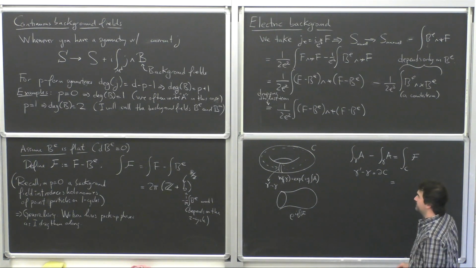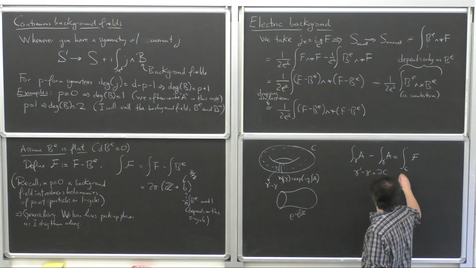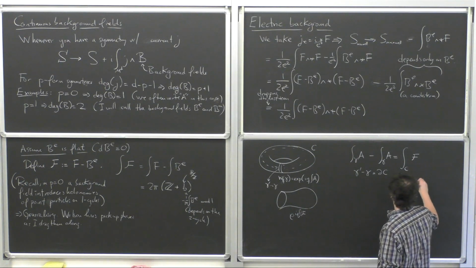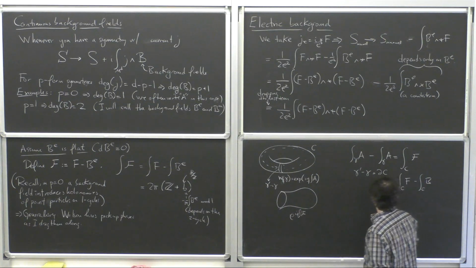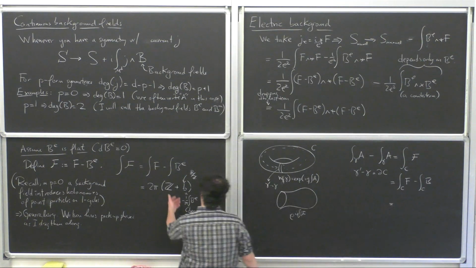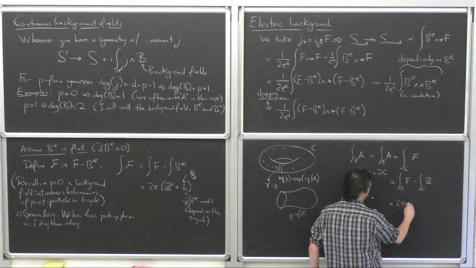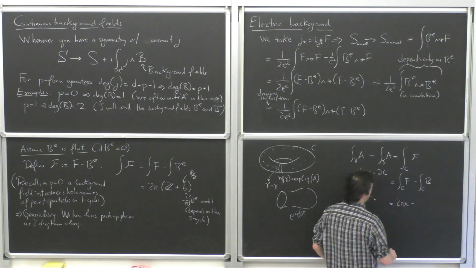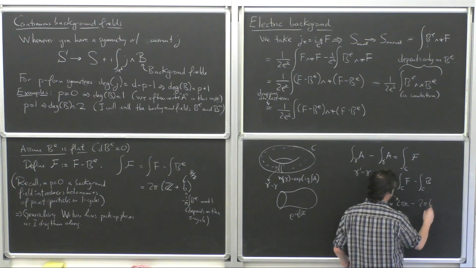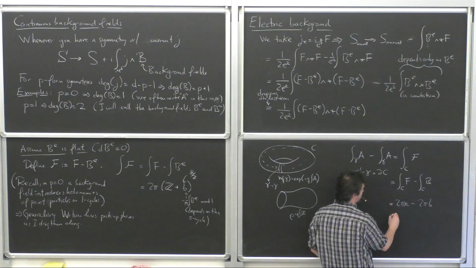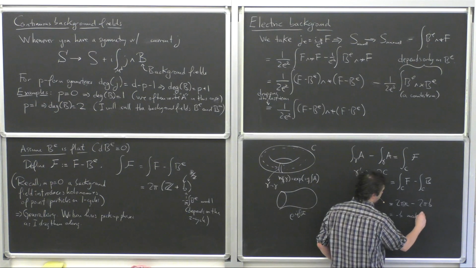All right, so the integral of straight F and the integral of B are these numbers here. This is going to be 2 pi n, because I'm going all around the torus. And this is going to be, in my conventions, 2 pi b. So this is equal to minus b mod 2 pi.